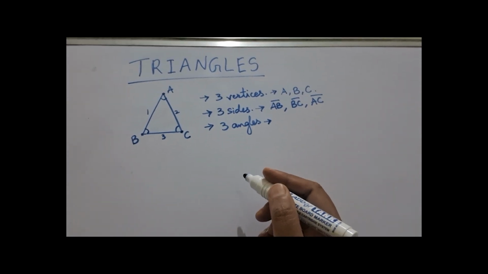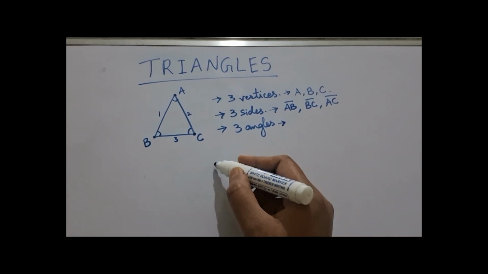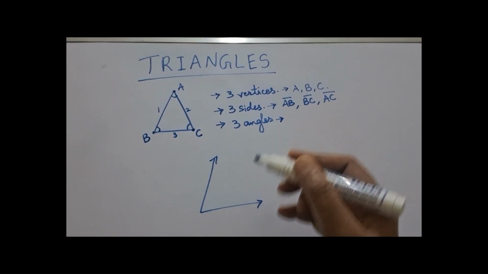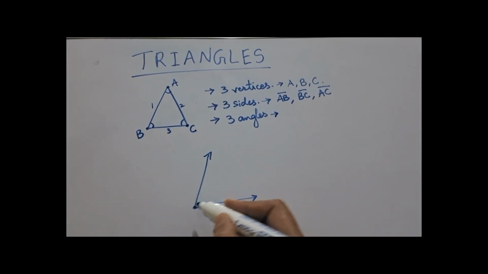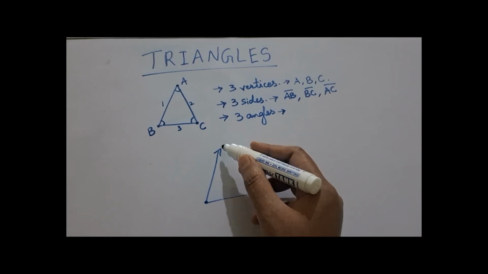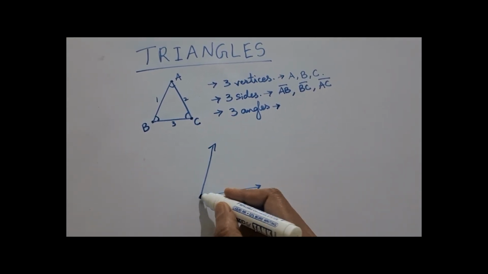Now we will learn about the angles children. Suppose there are 2 rays. The initial point of the 2 rays is the same.